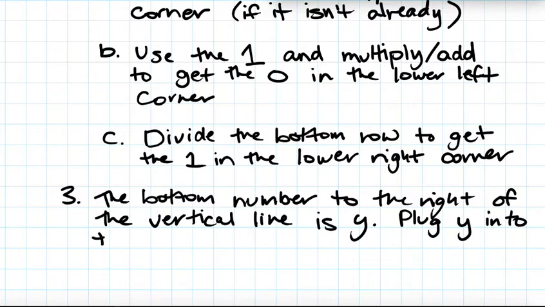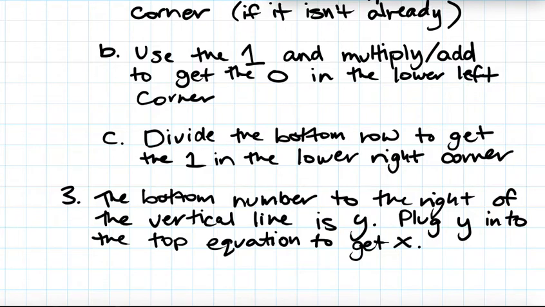So for this step, we're going to put our matrix back into equations, and then plug in y, or you could plug in to one of your original equations too. That should work also to get the x coordinate. And then remember, we're writing our answer as an xy coordinate pair.